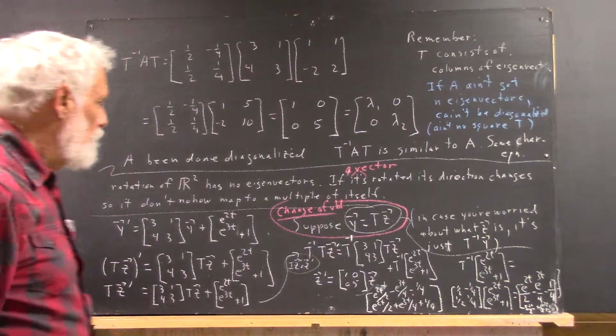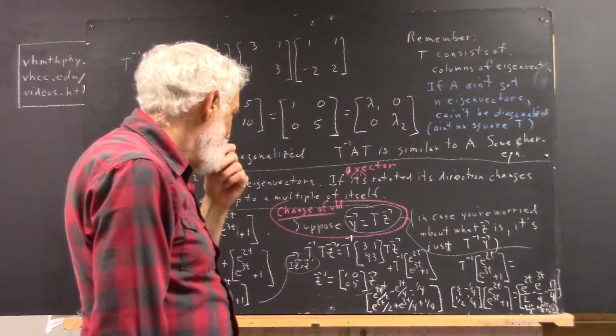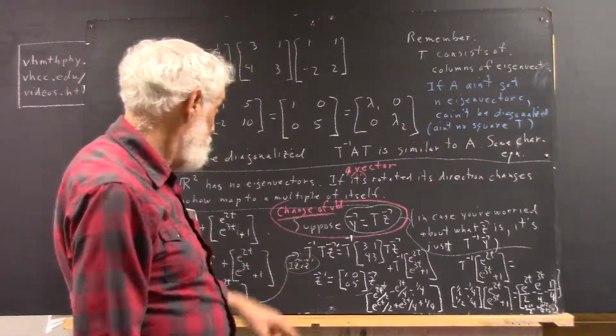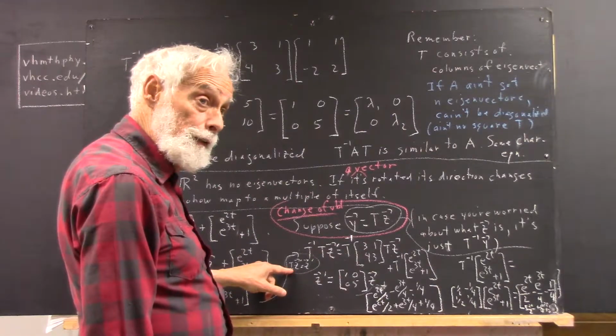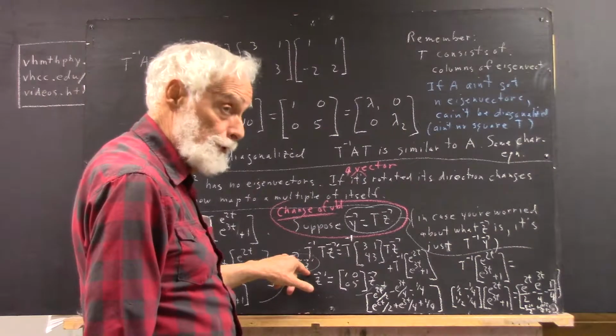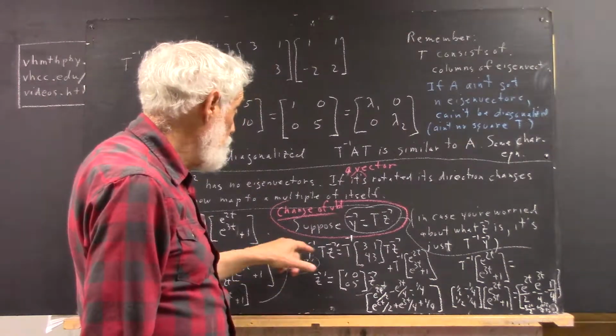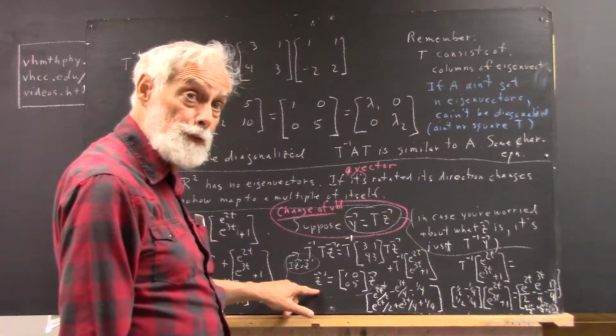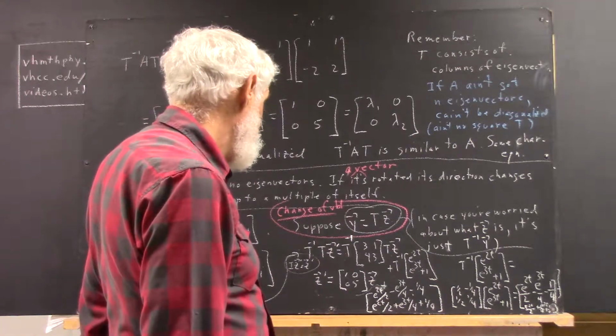Well, then what else can we do? T inverse times T is just the identity, because T inverse is the inverse of T, and the identity times z prime is just z prime. So T inverse T times z prime gives you z prime.